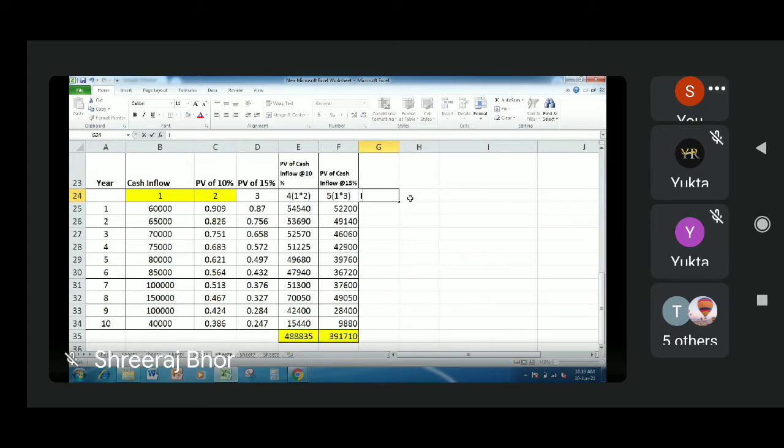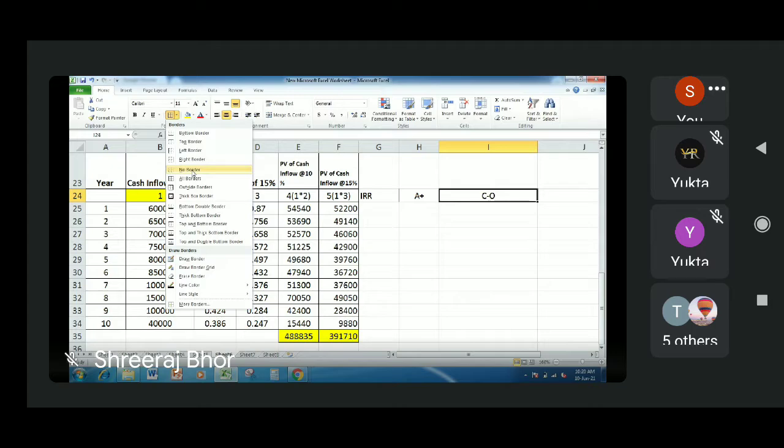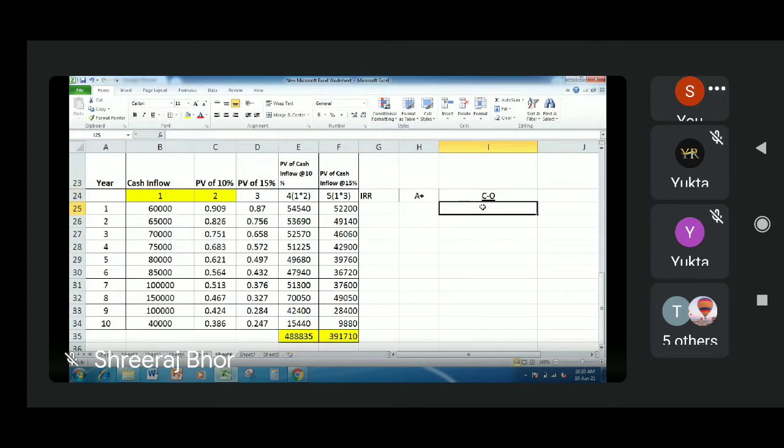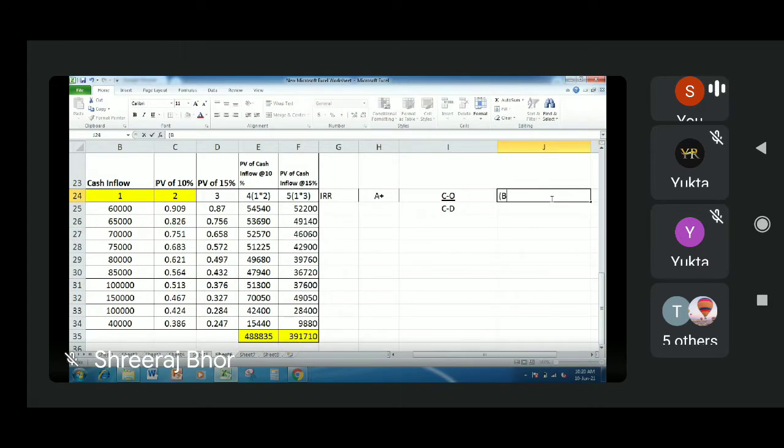Now we are going to put all these figures in the equation. So our equation is IRR is equal to A plus C minus O divided by C minus D, into bracket B minus A. Okay, so all of you know that A stands for lower rate, C stands for PV of cash inflow at lower trial rate, O stands for original investment, that is cash outflow.